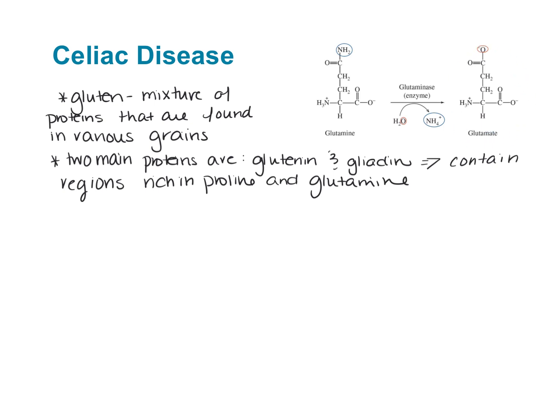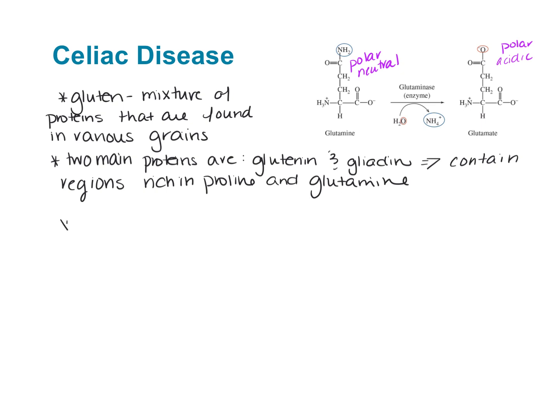Glutamate is the product here as well. So one of the things to be aware of is that this transition takes this from a polar neutral residue, so this guy is polar neutral, to a polar acidic residue, okay?